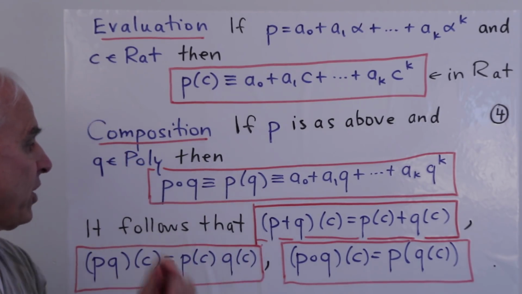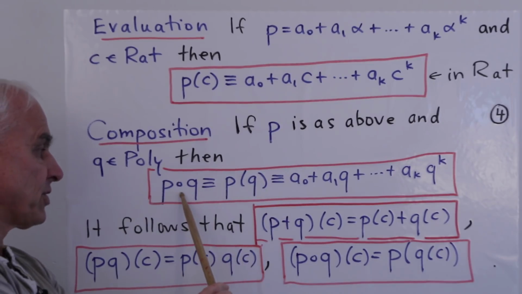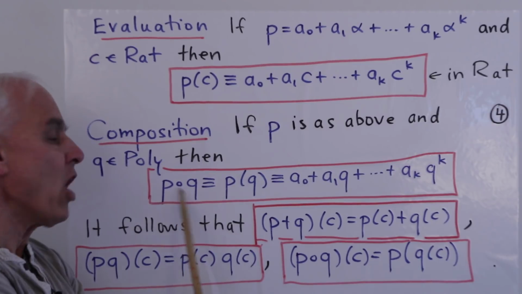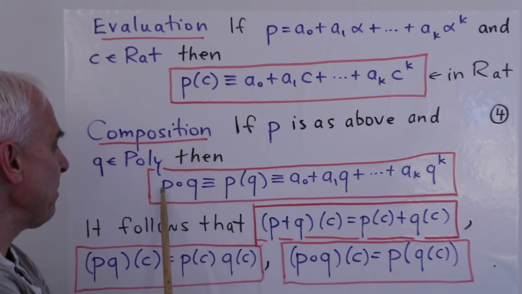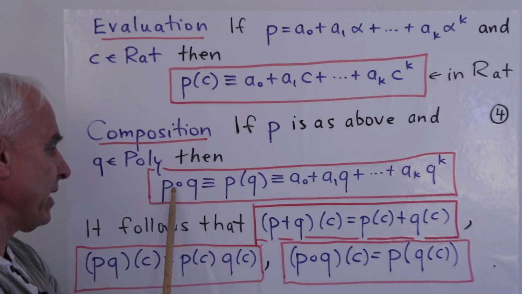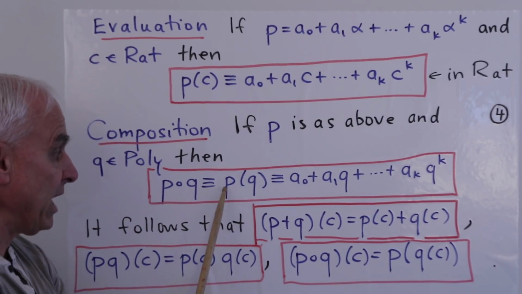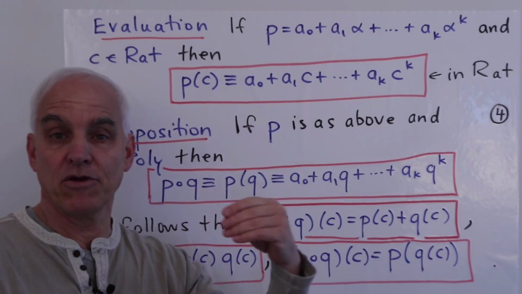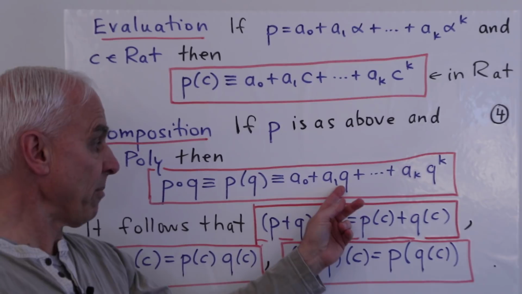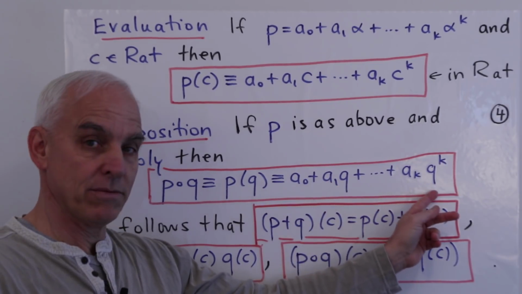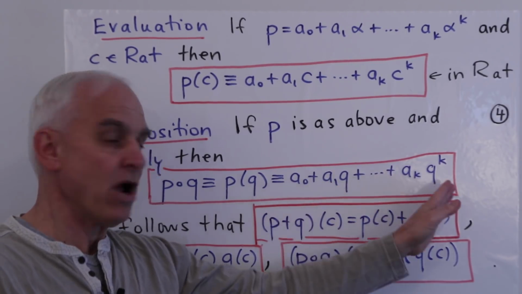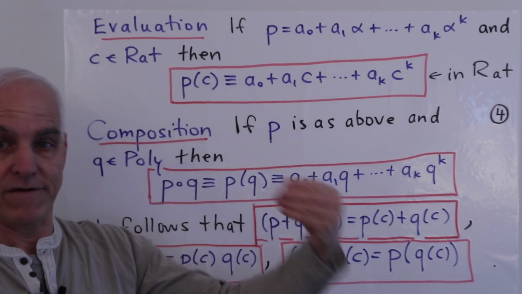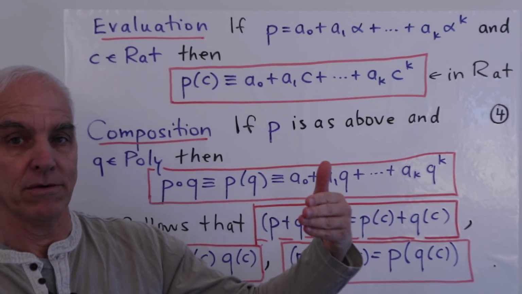So this is p of q. And we're going to introduce a familiar composition notation, p with a little circle q. So p little circle q is p of q. It's this expression here. And what is this? This is another polynumber. Because q is a polynumber, powers of q are also polynumbers. So we get a linear combination of polynumbers, that's another polynumber. So ultimately this is another list of numbers if we actually wrote it down officially.